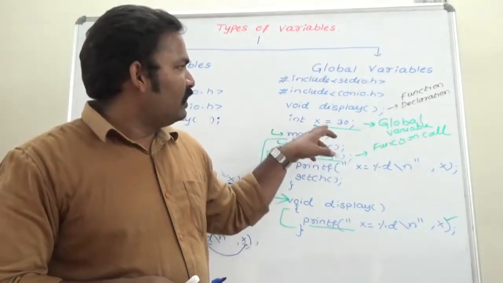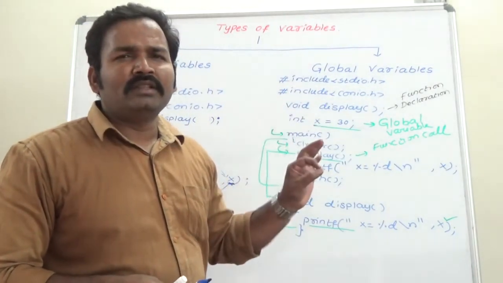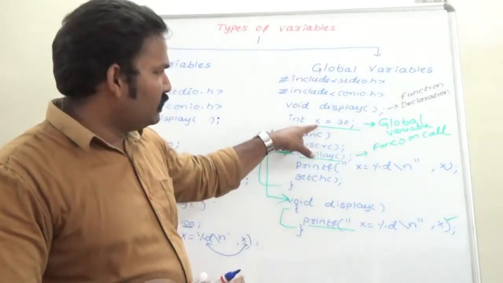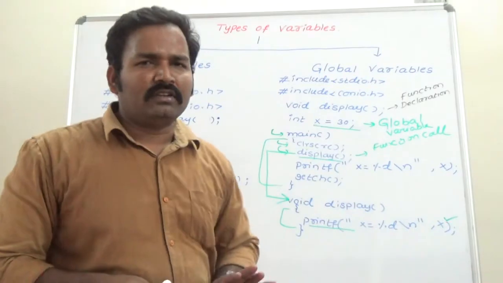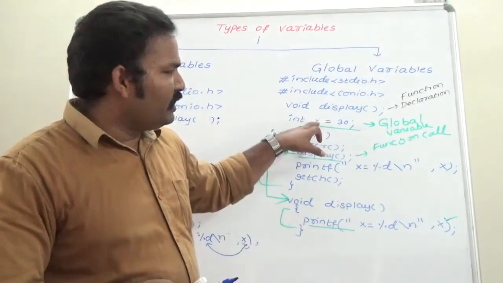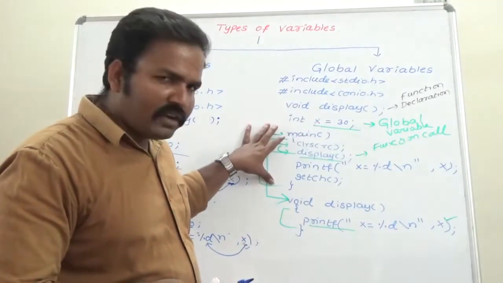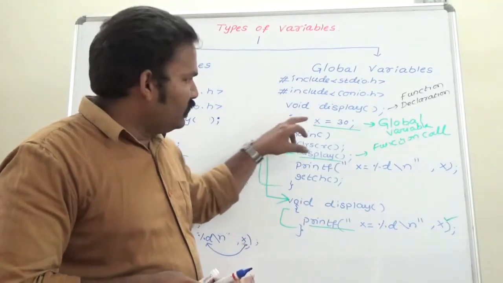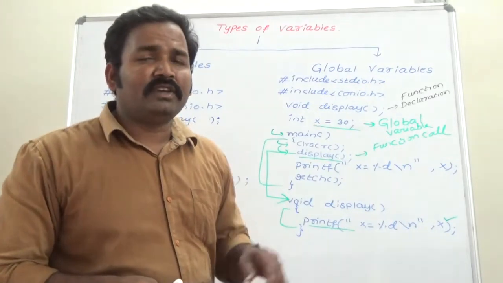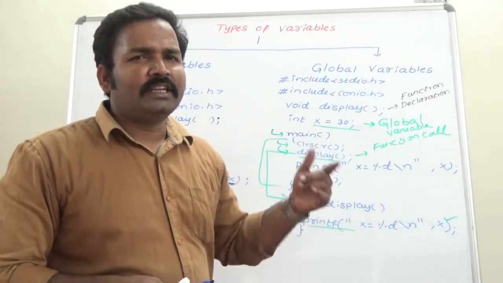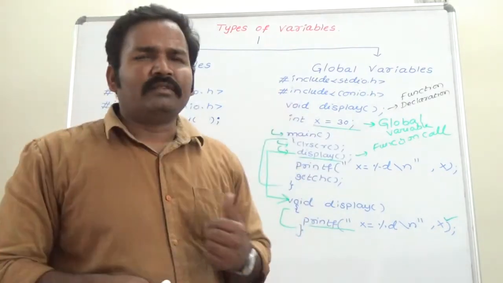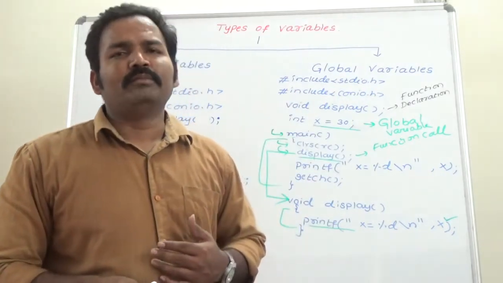That means we can use global variables in any function of a program. So we can use the x variable in the main function if you want. If you use the x variable in the display function, because x is a global variable, that can be accessed and used in all the functions in the program.